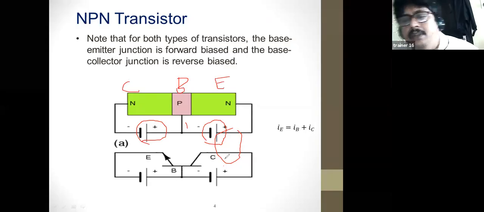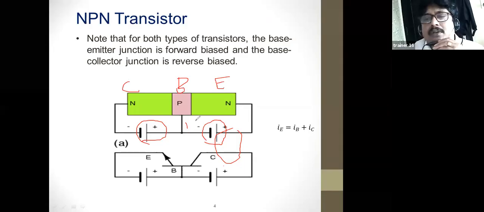So in this, observe the n type. For example, if it is a collector, then this junction acts as a forward bias, and this junction acts as a reverse bias. This is the reverse bias, and this is the forward bias.